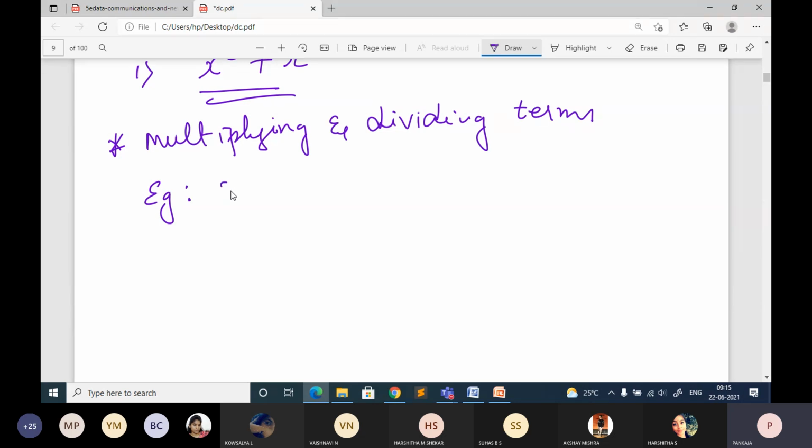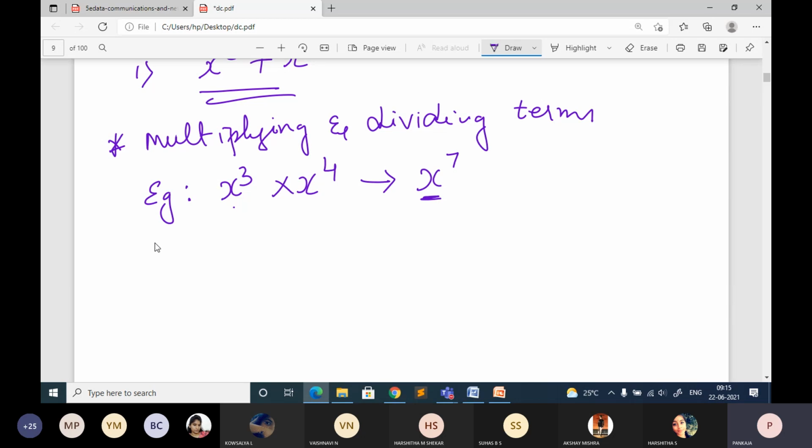Okay, for multiply, consider I have x3 into x4. So what is the result of this when you are multiplying? You need to add the powers of this term. Same term, so here also x, this is also x. You just write the term as it is and add the power. So the result of this multiplication is x power 7.